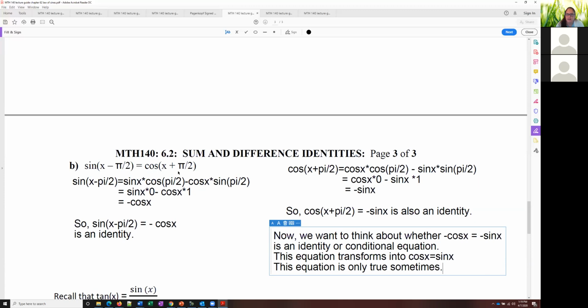Okay? And that means that the original equation is a conditional equation. Anybody have any questions on that one?